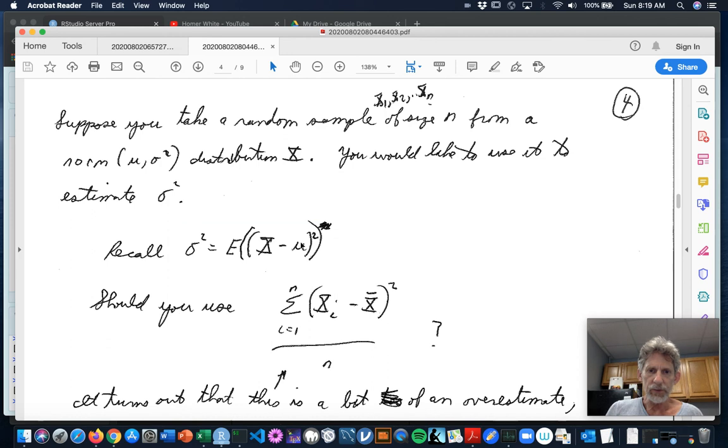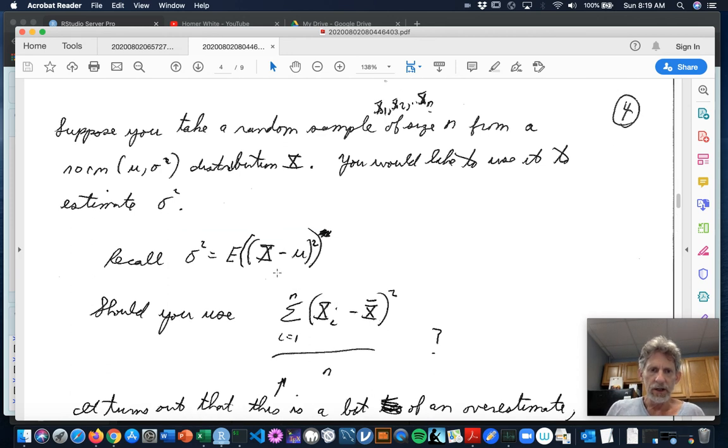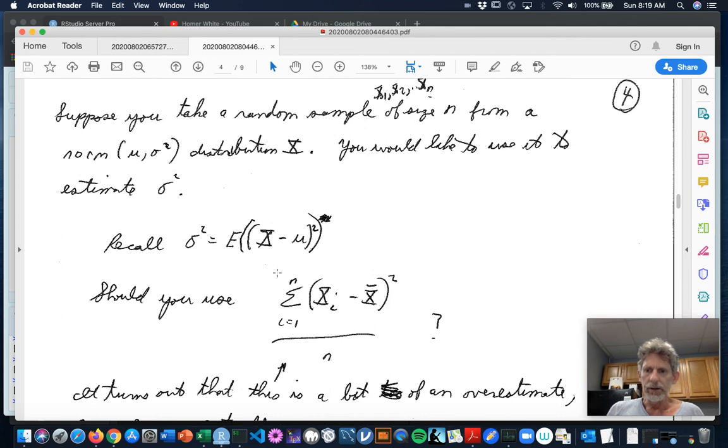So one possible strategy might be this. You don't know the mean, you don't know the variance, but you've got these tries of the random variable, X1 through Xn, and you could compute their sample mean X bar. So you could compute the deviations of each of them from their sample mean and square them.